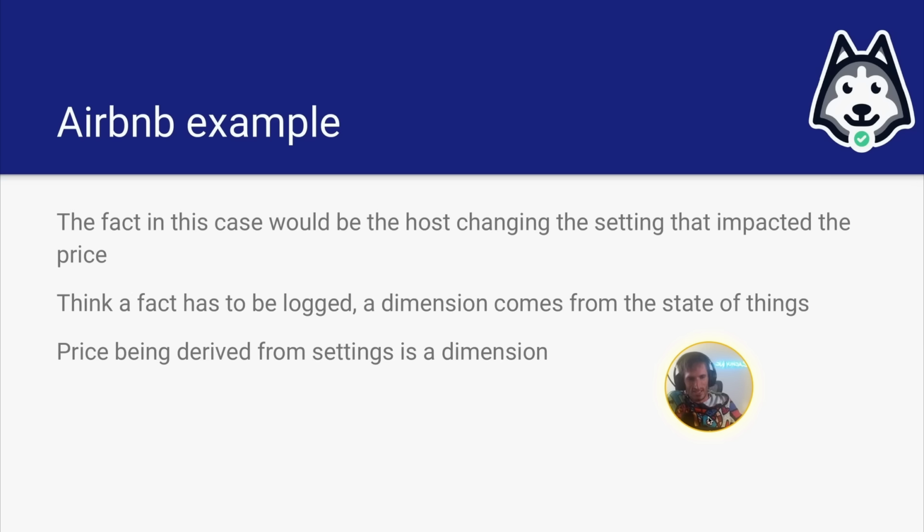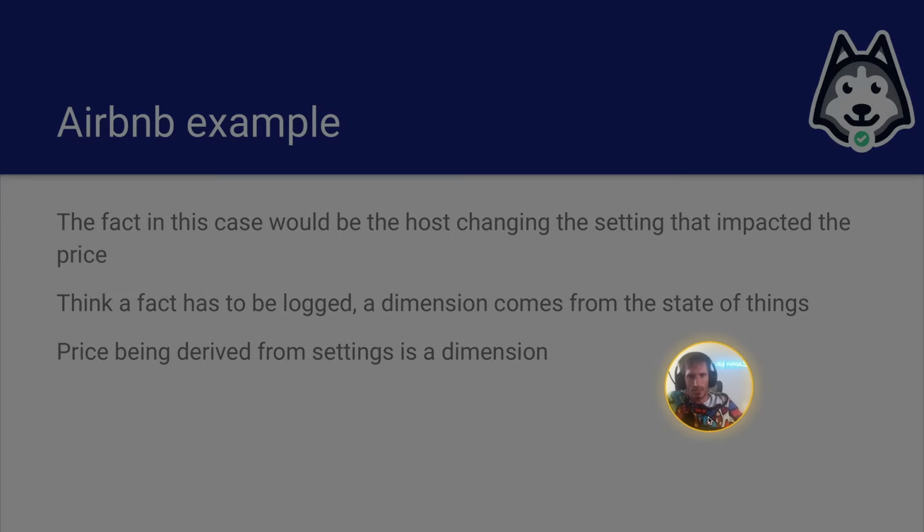Since they're state, price is actually a dimension. So it feels like a fact, but it's actually a dimension. That's one of the things where I thought, wow, this is a weird thing about how these different elements of the puzzle of data engineering fit together. I always thought that was so strange.